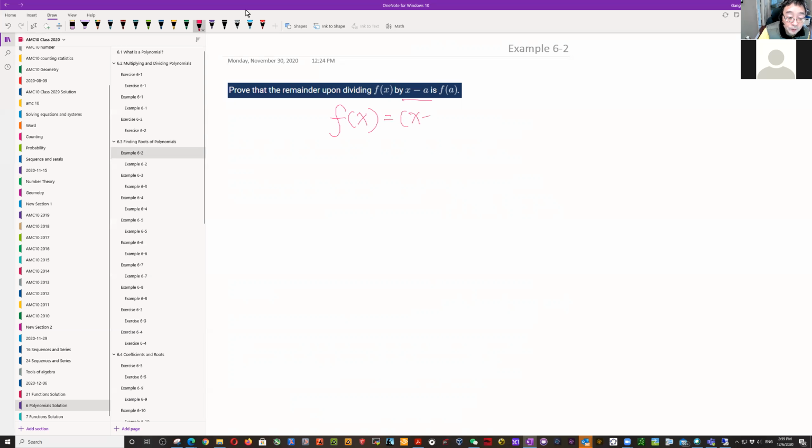It's x minus a, multiplied by, for example, g(x), then plus r(x), because the remainder's degree needs to be less than the divisor's. The divisor's degree is 1. Degree means the power of x, and this is actually a constant term.